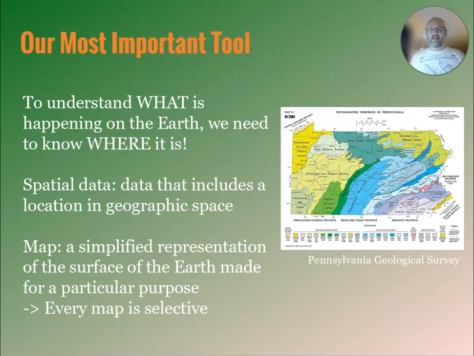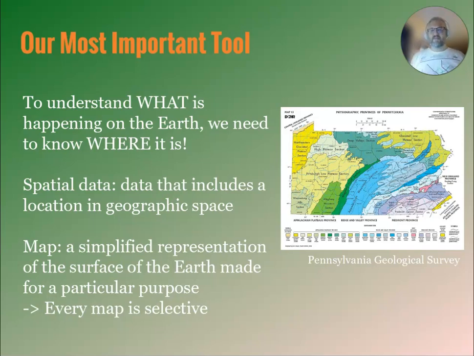So it's not as if you get to that line and you very suddenly change from the high plateau to the Pittsburgh low plateau, by taking one step forward. They've simplified it and made it into these two distinct blocks of color to make it easier for us to understand, because the purpose of this map is to communicate to us a general idea of what kind of landforms are found in what parts of the state.